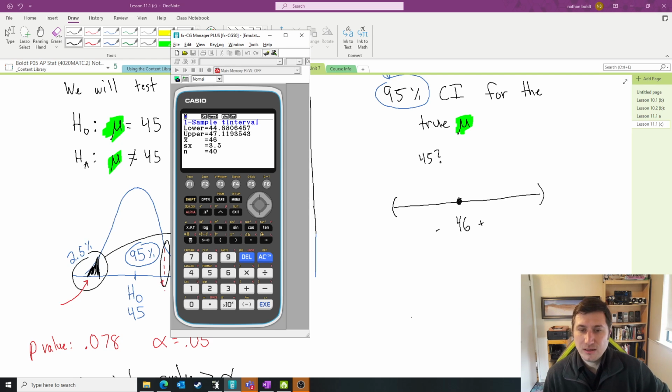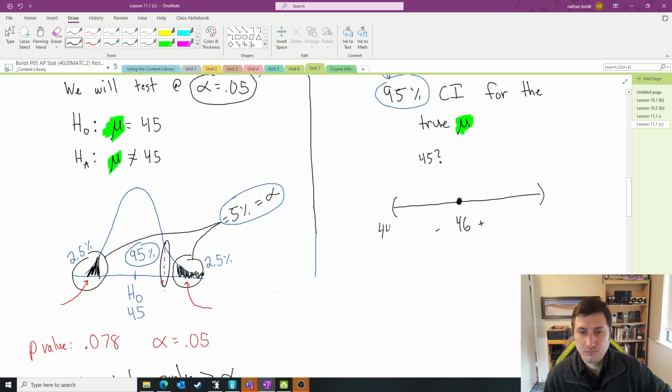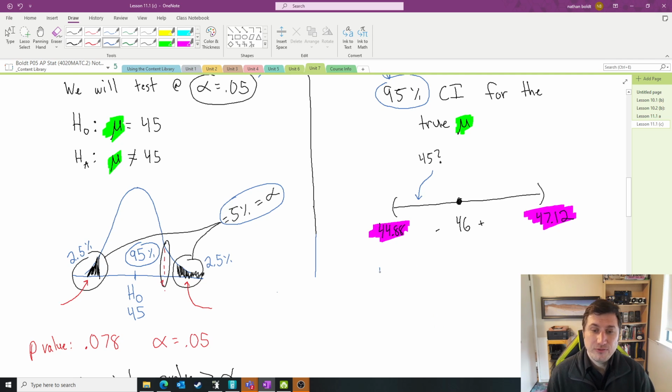And so my confidence interval is 44.88 up to 47.12. So, is the null in that range? Most definitely is, isn't it? Somewhere over here. So 45 is a plausible true average, mu.